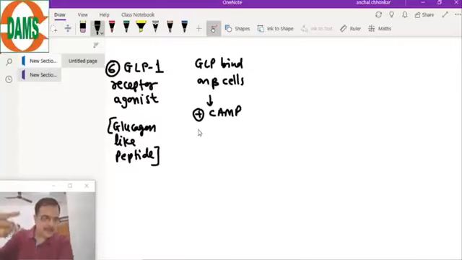Recall back the physiology. This diagram we have done. These are the group of incretin molecules. So GLP binds on the beta cells, stimulates the cyclic AMP, and that causes the release of insulin from the granules.